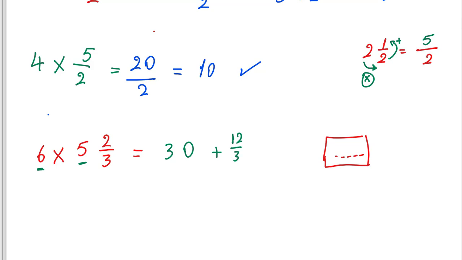Okay, 12 divided by 3. My heroes, what is 12 divided by 3? 12 divided by 3 is 4, yes. So, it's 30 plus 4, so it is 34. Okay? Any problems, my heroes? Any questions?